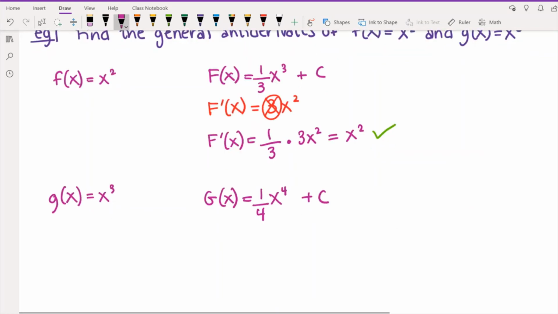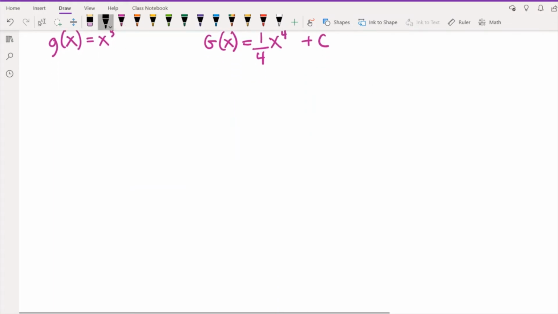So we can kind of summarize this as a general rule for antiderivatives. You can think of this as kind of a reverse power rule.